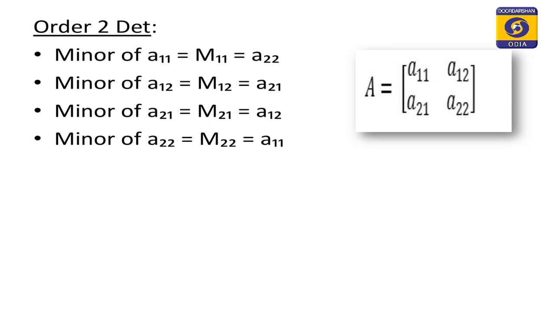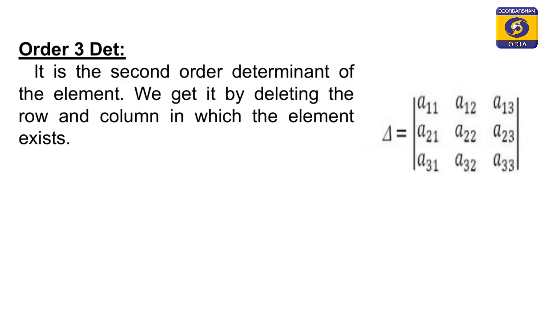Now, how do we find the minors of an order 3 determinant? Let us go to the next slide. For a third order determinant, we have to convert it to a second order determinant for the element we are considering. On the right hand side of the screen you can see a third order determinant, where the elements are numbered by position. A12 means row 1 column 2, A32 means row 3 column 2.